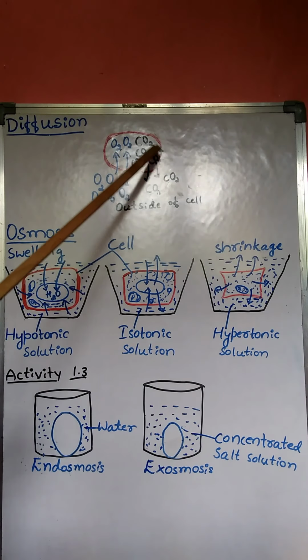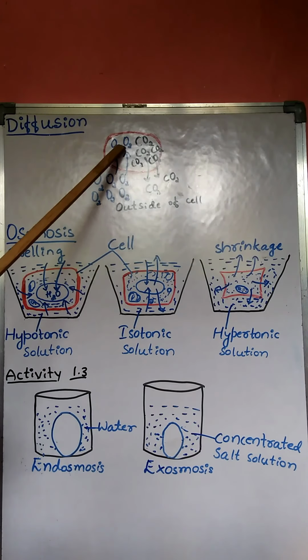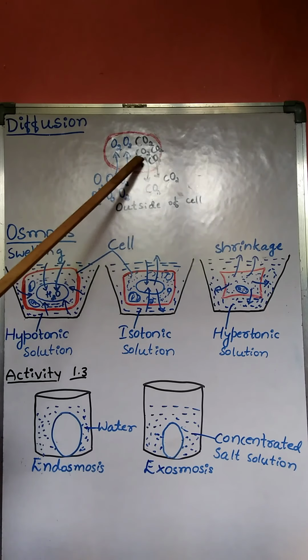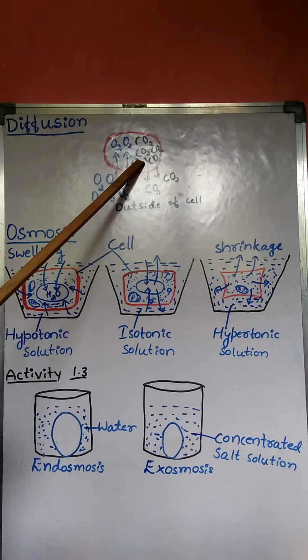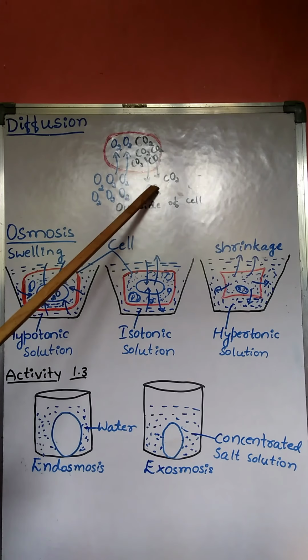Hence, the concentration of carbon dioxide is high inside the cell compared to outside. So, the movement of carbon dioxide takes place from its region of higher concentration, that means from inside, to the region of its lower concentration, means outside of the cell.